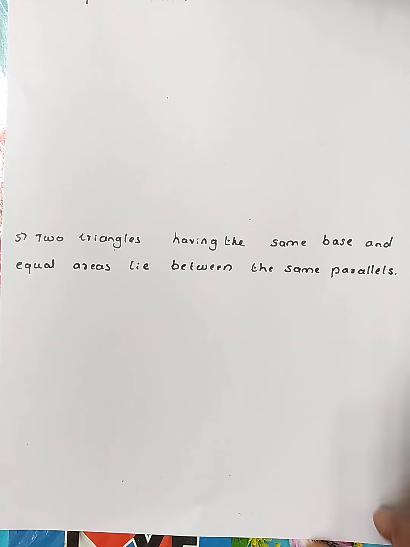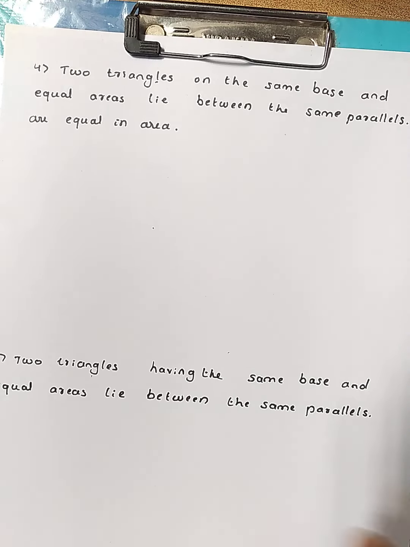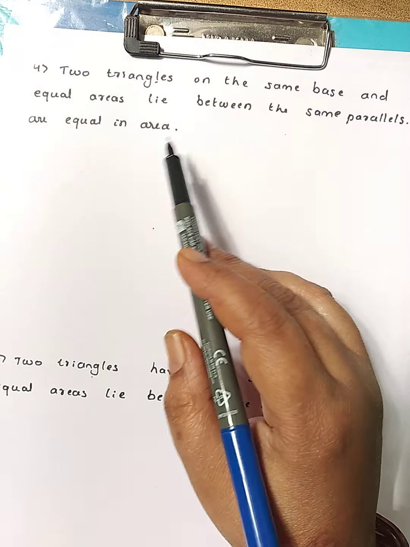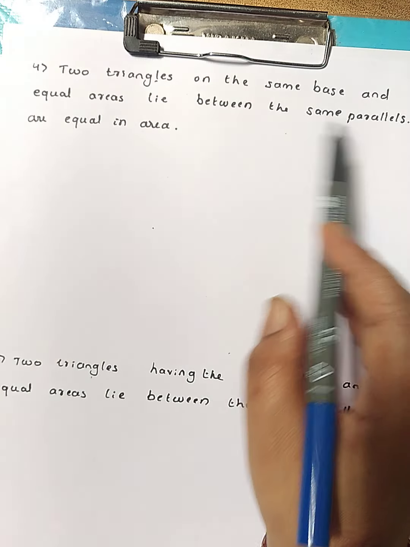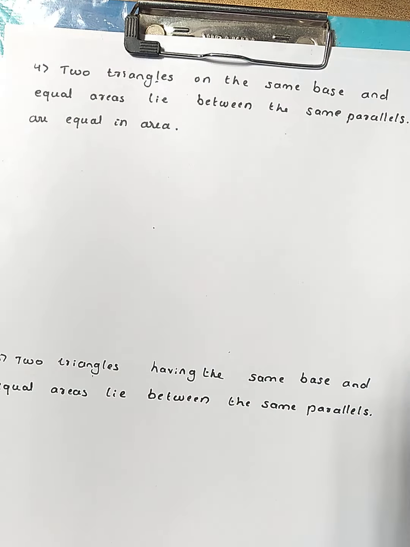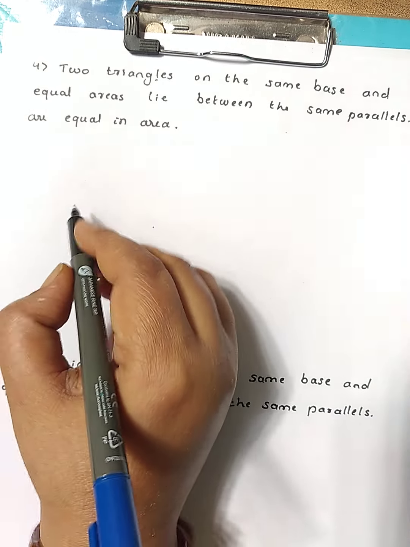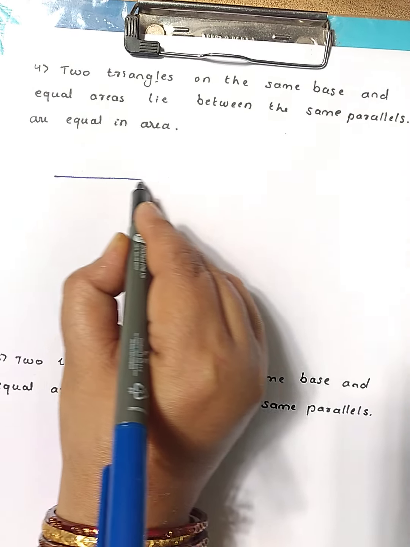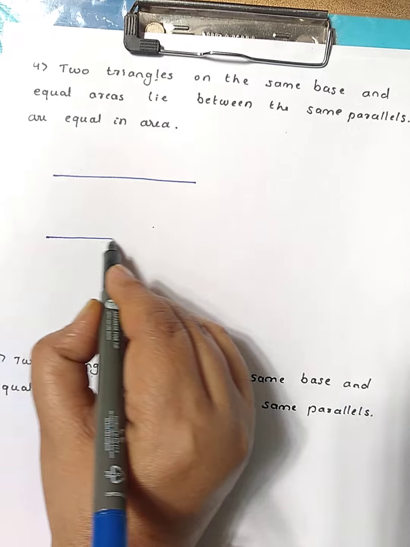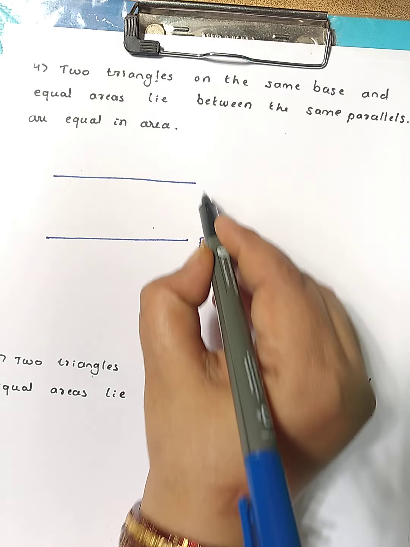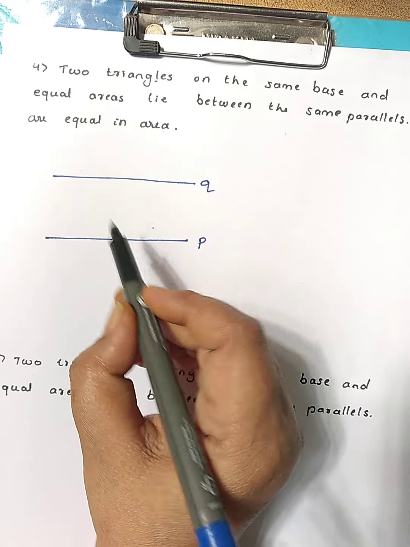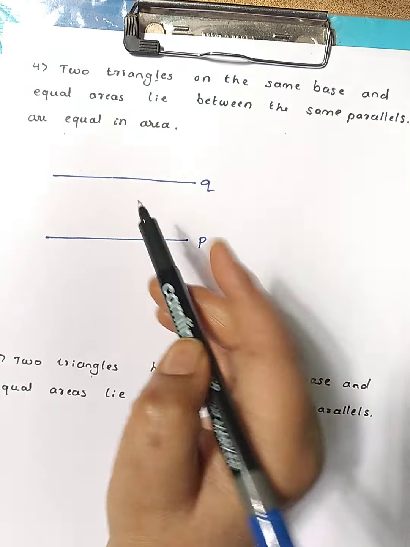And the next one is: two triangles on the same base and between the same parallels are equal in area. So again there are two parallel lines P and Q here, and two triangles on the same base.